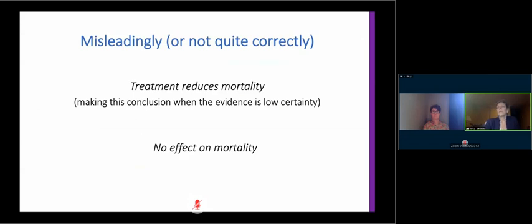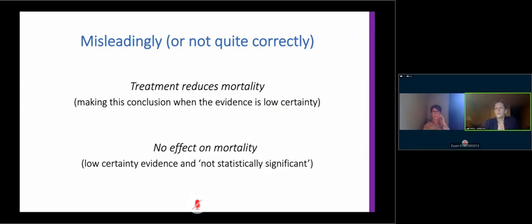And then the other problem that we're seeing is that people are communicating something like there's no effect on mortality. And yes, it's based on low certainty evidence, but that conclusion that there's no effect on mortality is based on an effect that was not statistically significant.